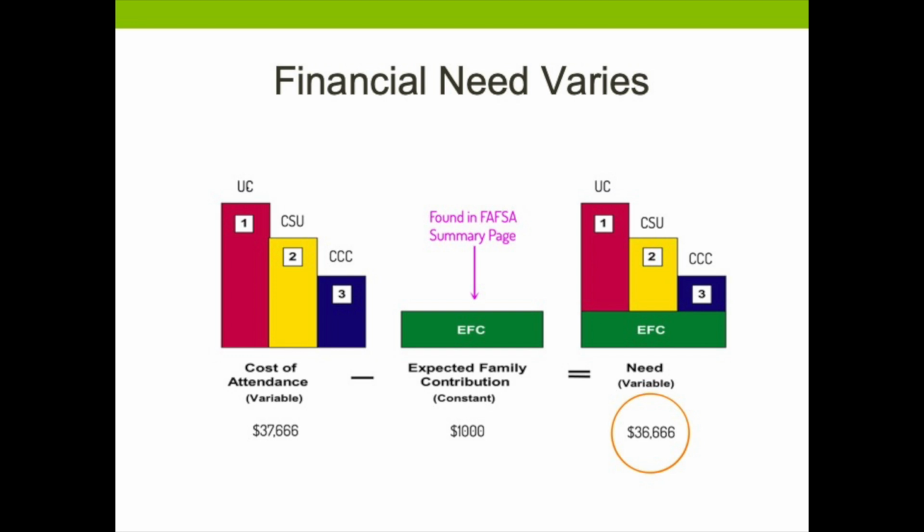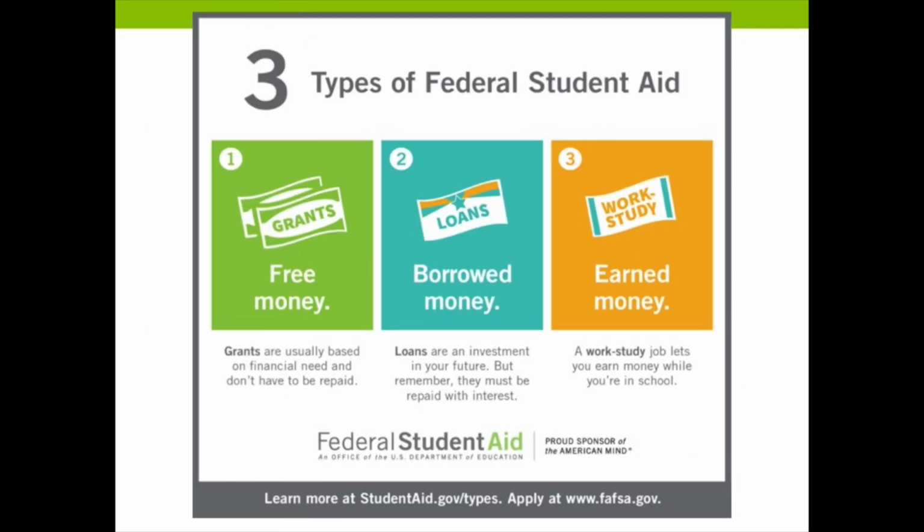And the answer is probably yeah. However, that does not mean that you're getting that amount in just grants and scholarships. What this means is that UC Merced can offer you a financial aid package of up to $37,000, but that package is comprised of a combination of grants, loans, and work study.